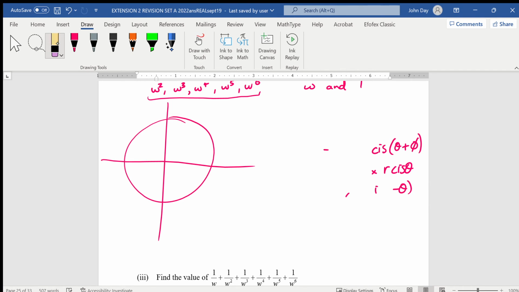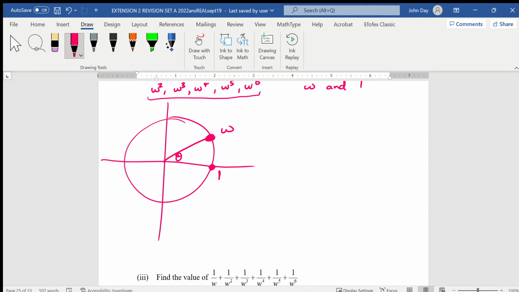What I'm trying to say here is that if we start with w being the smallest positive, say that's there, that's w, because 1 is a real root. It's also complex, but it doesn't have any imaginary element. w is our smallest complex root with the smallest positive argument, and say its argument was theta.